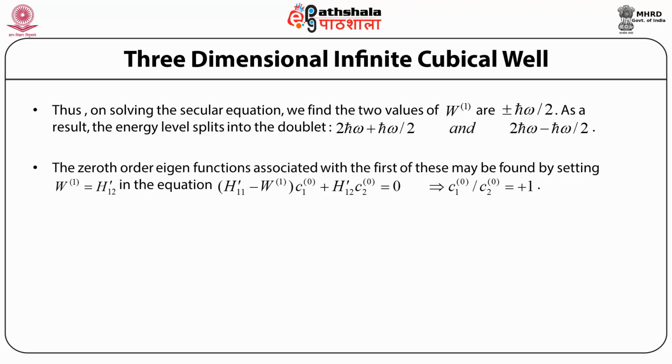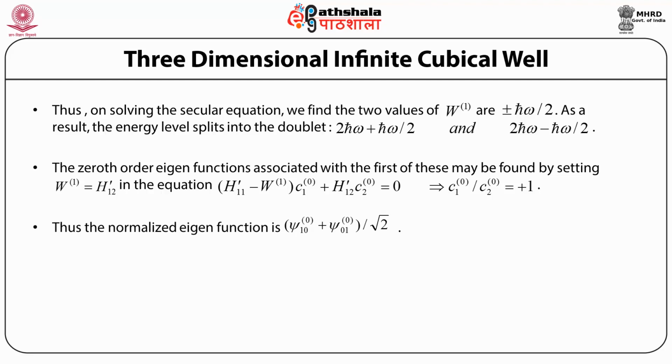The zeroth order eigenfunctions associated with the first of these may be found by setting W1 equals H12 prime in the equation (H11 prime minus W1) into C10 plus H12 prime into C20 equals 0, which gives C10 by C20 equal to plus 1.